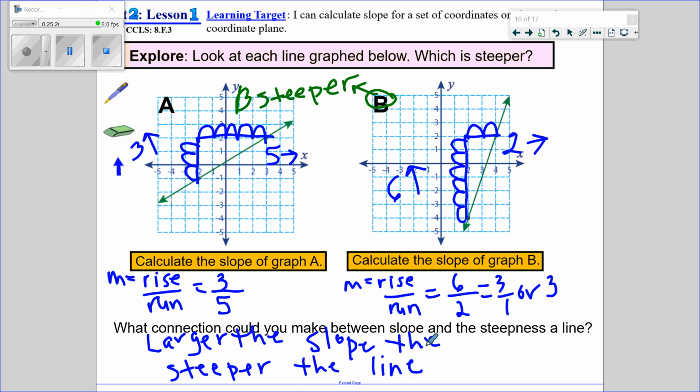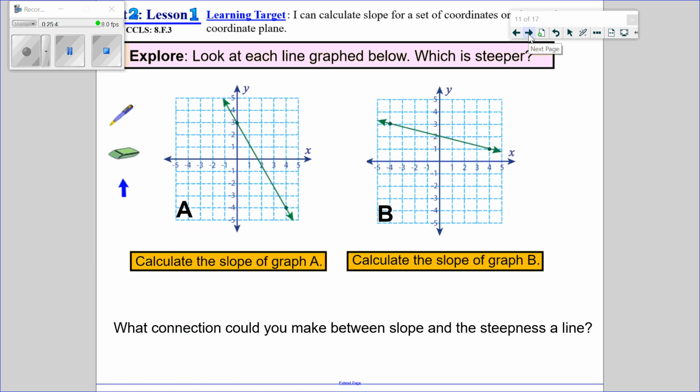So if we look, 3/5 or 3. 3 is larger than 3/5, so it's the steeper line, which is B, and that's what we saw before also. We came to that conclusion by looking if we had to walk up that hill. Let's look at the next one.